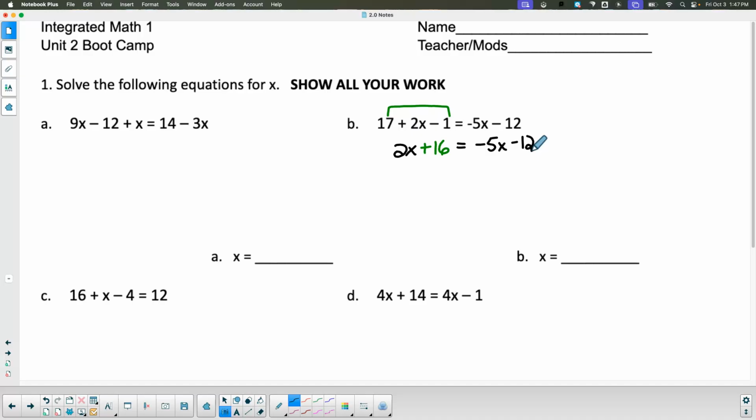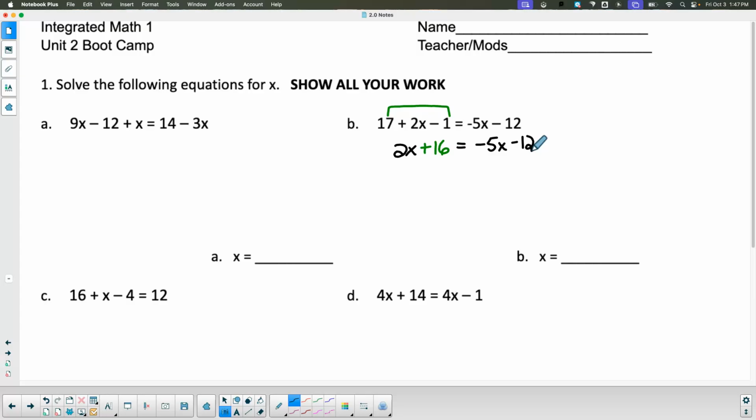Okay. Now the goal when you're solving an equation is to get your variable on one side and your numbers on the other side. It doesn't matter which side you put the variable on, you just got to get variables only on one side. Okay? So you have to make yourself a choice. The choice that you have to make is left or right for your variable. I'll leave it up to you. Left. I heard left first.